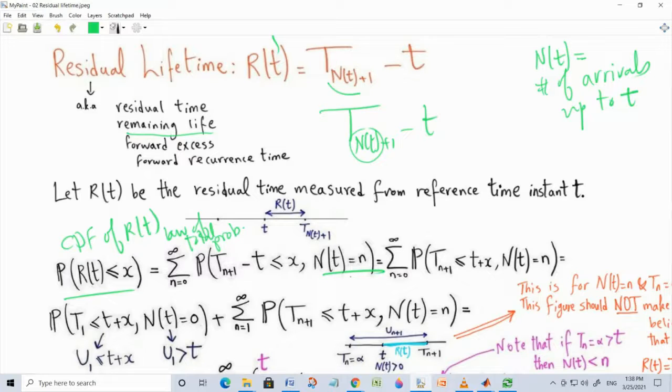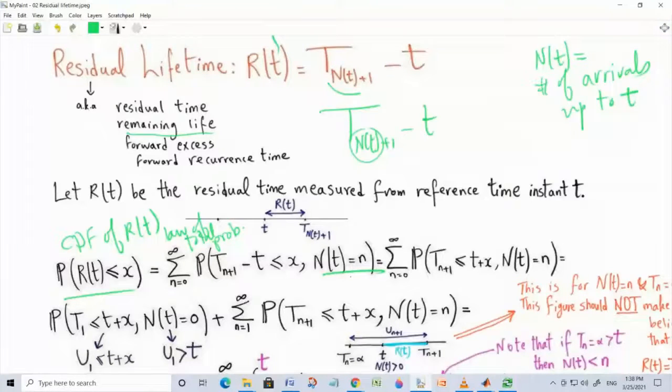So what is the next arrival? Is it big T of 7? Is it big T of 23? Well, it depends on how many arrivals have occurred so far at time t. This is a random quantity that can take any non-negative integer value.